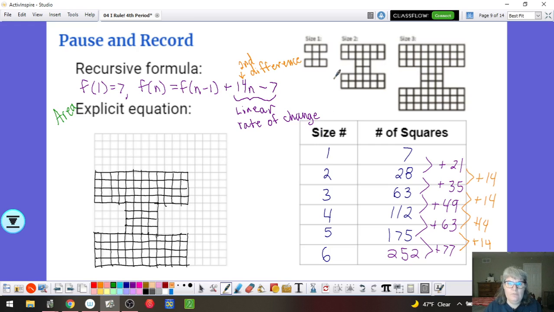So when I first looked at these shapes, I saw that I could replicate squares within the shapes. So size 1 has a total of 7 squares. I could create my own groups of squares and still have 7 groups. And I can do this as well with size 3.